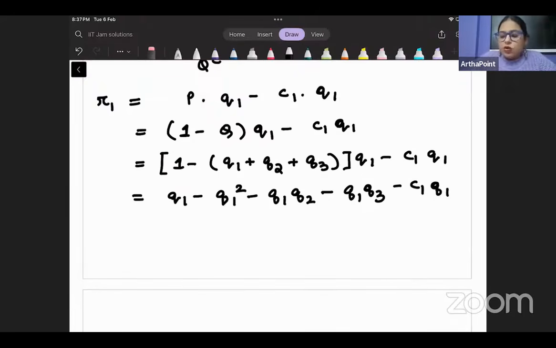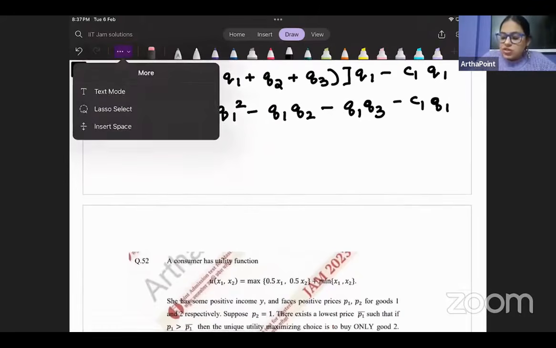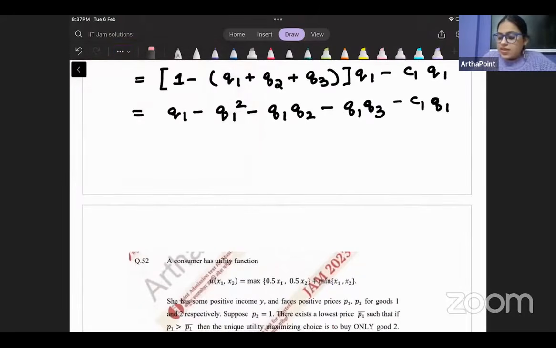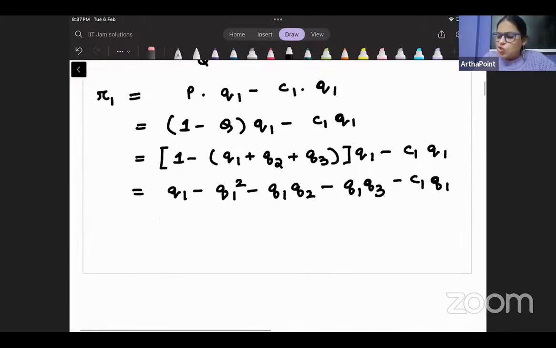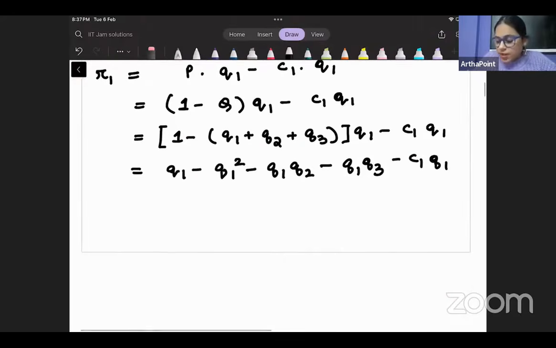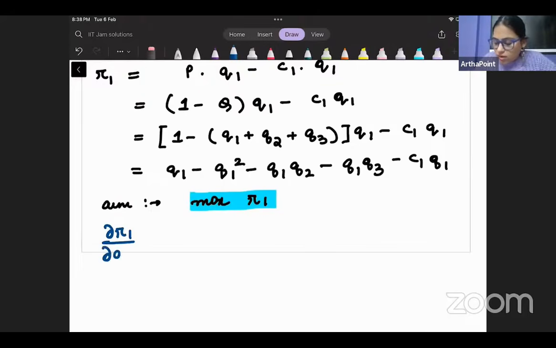So the profit of the first company will be Q1 minus Q1 squared minus Q1 Q2 minus Q1 Q3 minus C1 Q1. What will the first firm do? Its aim is to maximize its profit. How can it maximize? Differentiate it with respect to Q1 and equate it to 0.